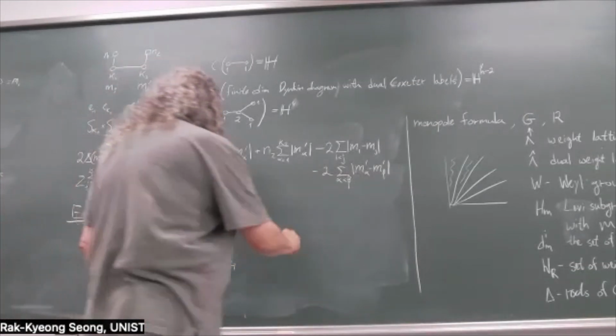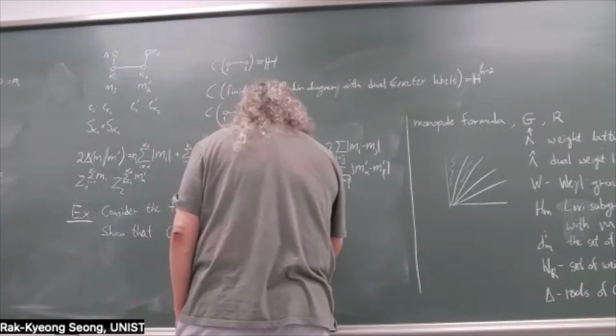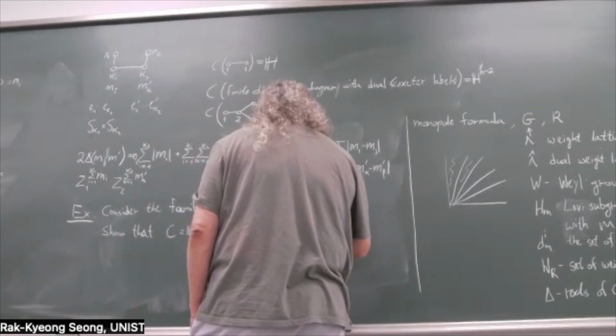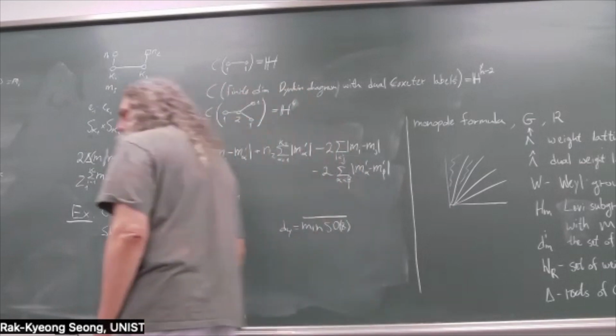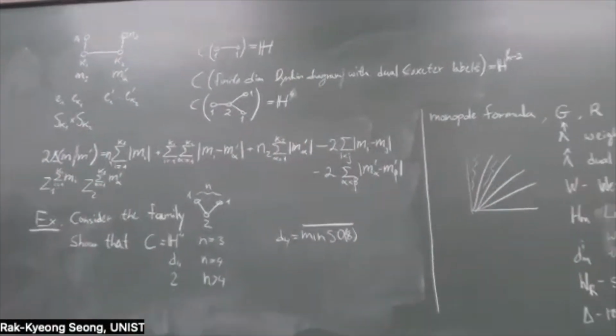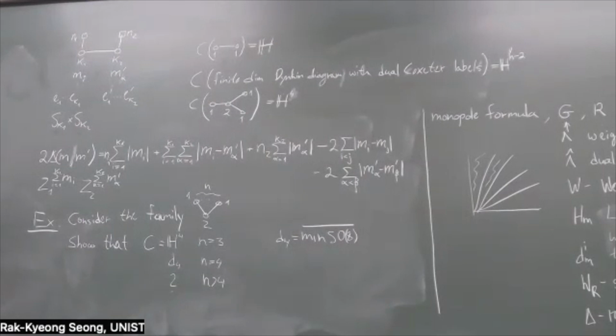Okay, and D4 is the minimal nilpotent orbit of SO(8) closure. Okay, it's a fairly simple exercise.